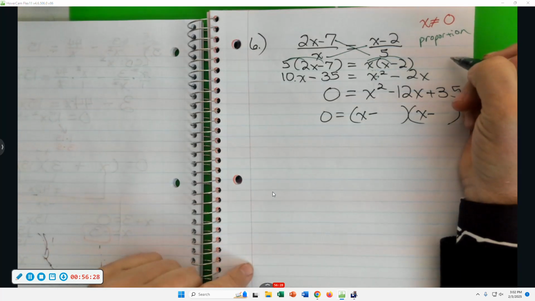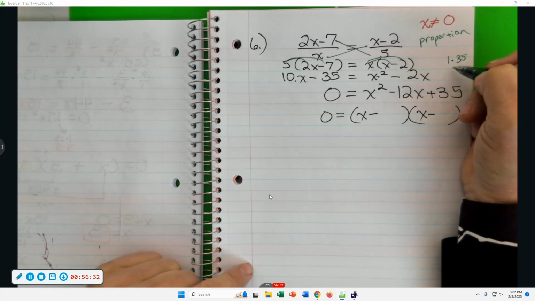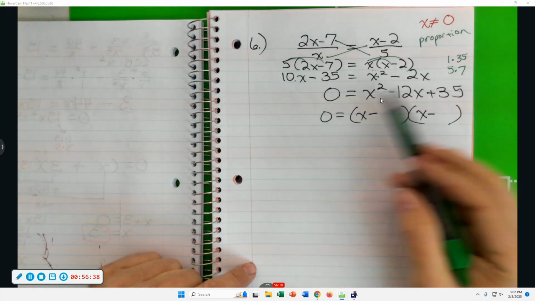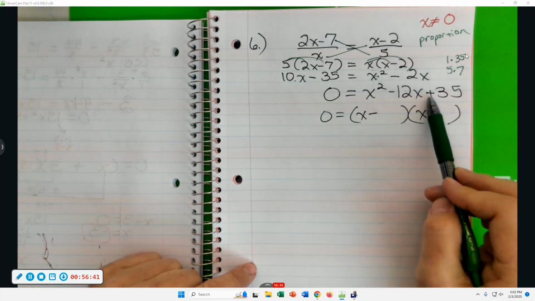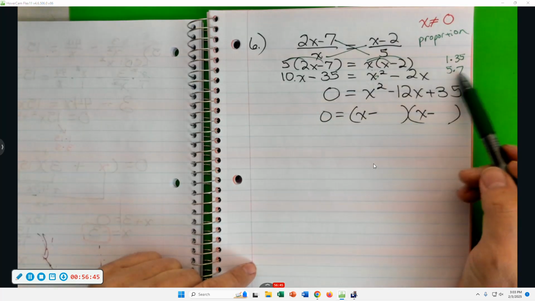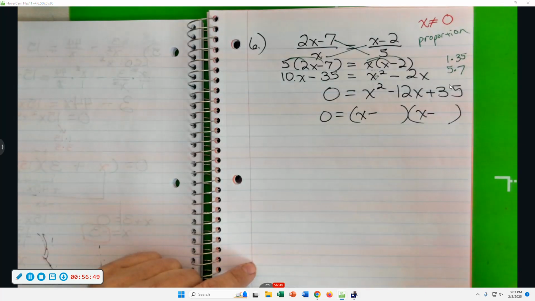There's only 2 possibilities. 1 times 35 and 5 times 7. With a simple trinomial, you choose the pair that adds together to give you 12. Which pair here adds together to give you 12? 5 and 7.